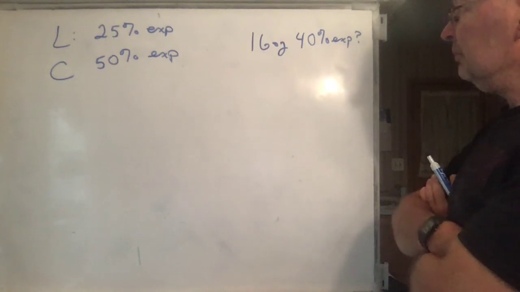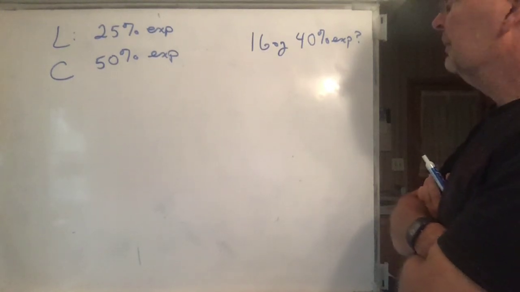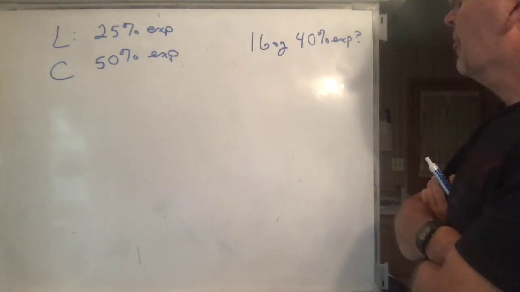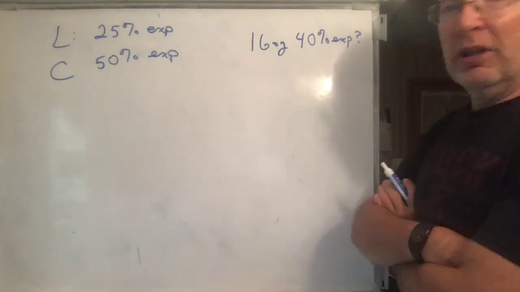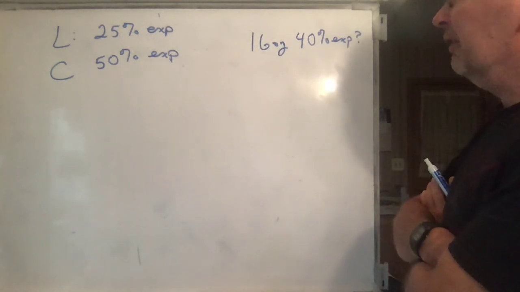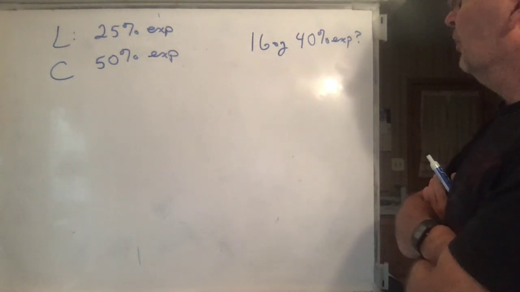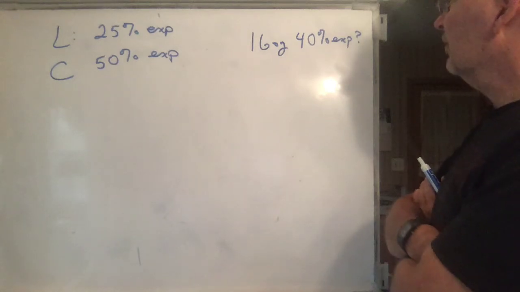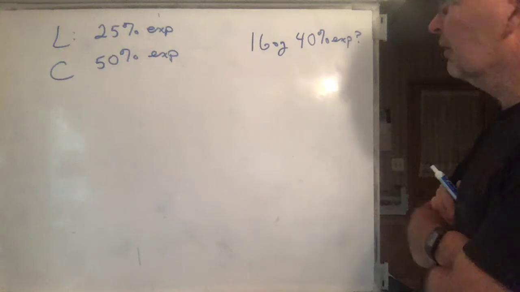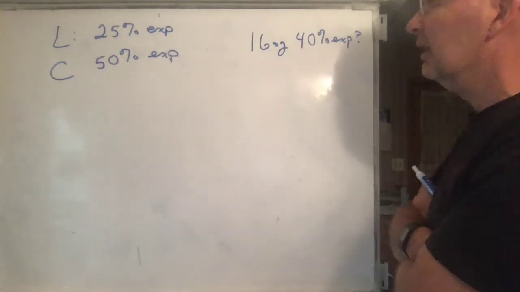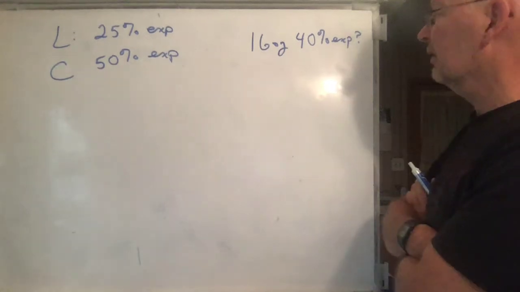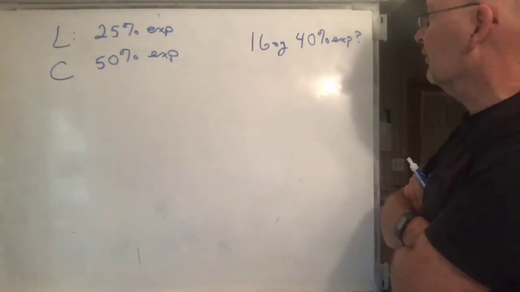Okay? So, well, shoot, as I say, I don't know much about this. First of all, why would a person even be interested in that? Are they interested in the percentage espresso, or the total amount of espresso? It seems to me that they'd be interested in the total amount. So a better question would be how much of each should they get so that they get a total of, say, 10 ounces of espresso.